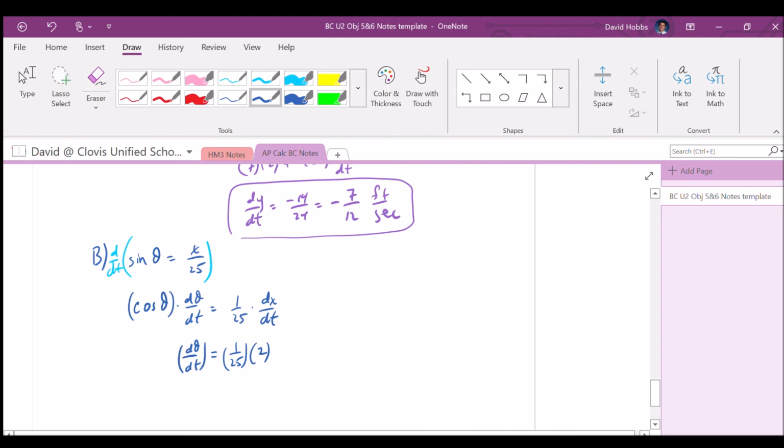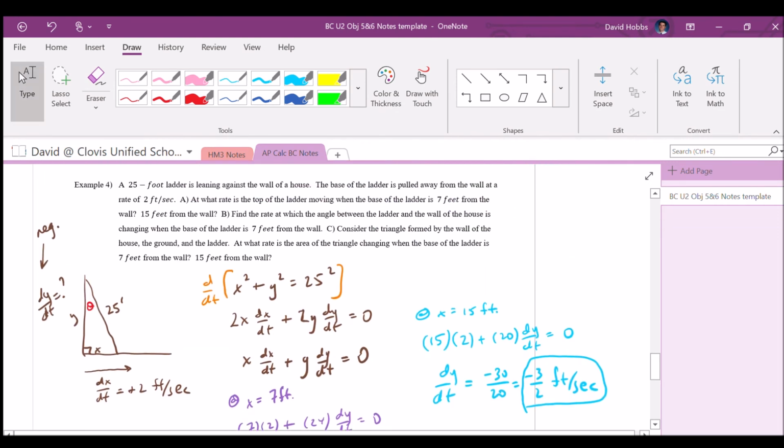Now, what did it say? It said at 7 feet. So does that mean we need to actually calculate the angle?